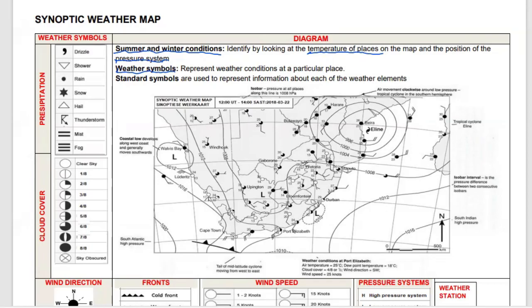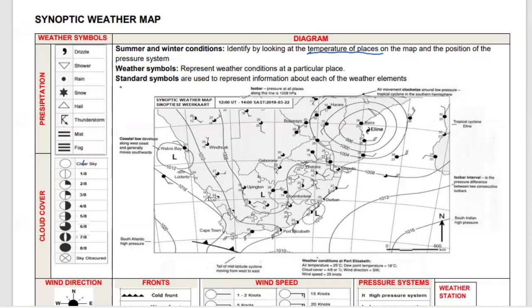They are meant to represent different weather elements, and they are used internationally as a benchmark for indicating the different weather elements as a summary of the synoptic weather map. Then we have the standard symbols, which are used to represent information about each weather element.